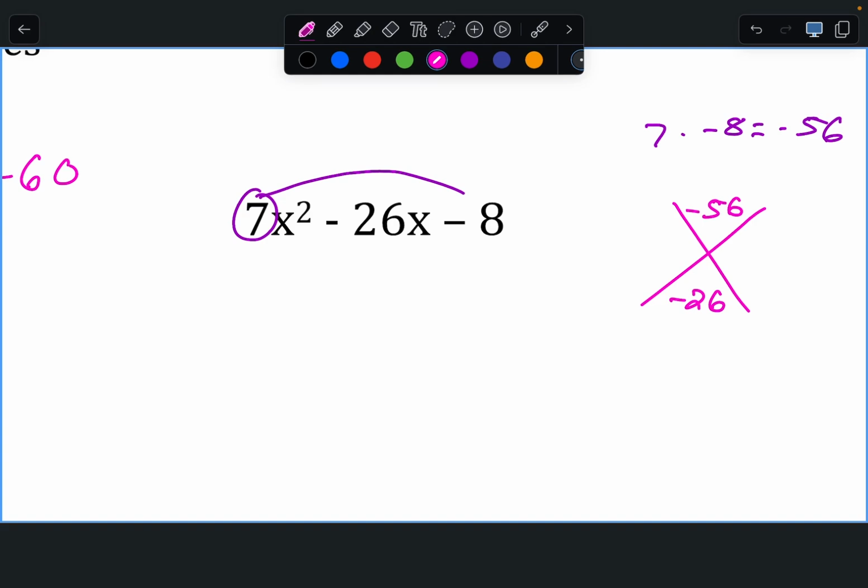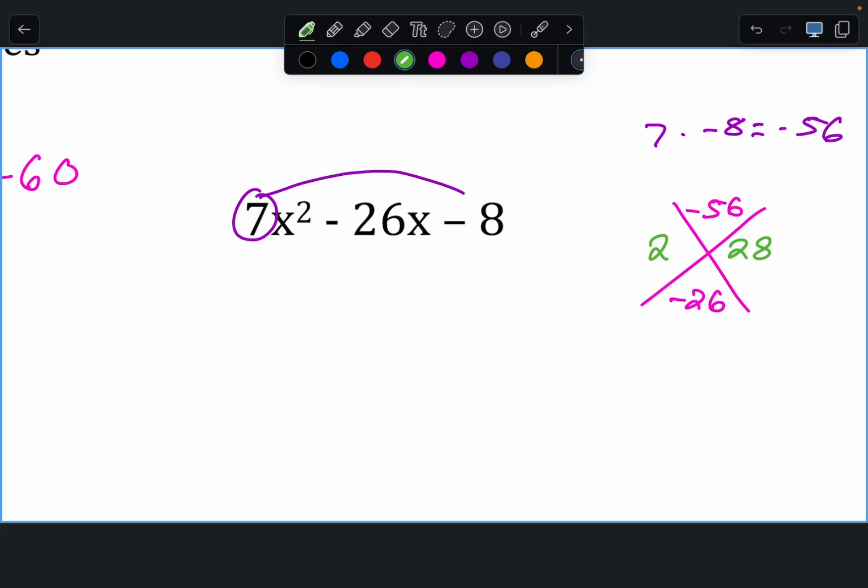What 2 factors do I get? 2 and what? 28, right? What about signs, though? Because if I put 2 and 28 in here, 2 times 28 is positive 56.